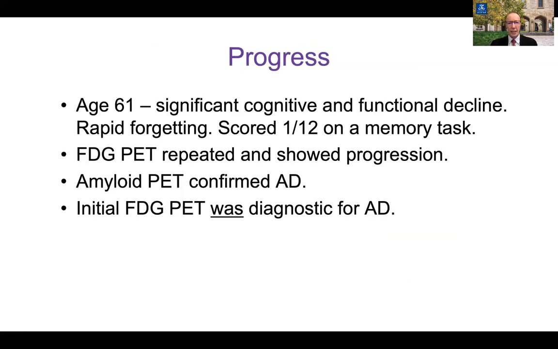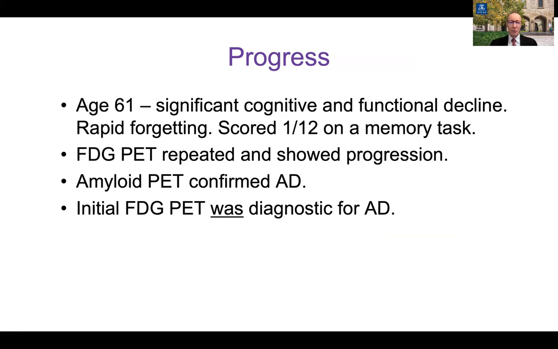Anyway, the patient developed significant cognitive and functional decline over the next year or so, with typical rapid forgetting, shocking memory performance. FDG PET was repeated yet again and showed progression of the pattern that we saw initially.